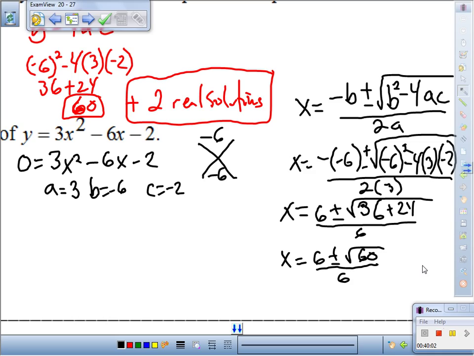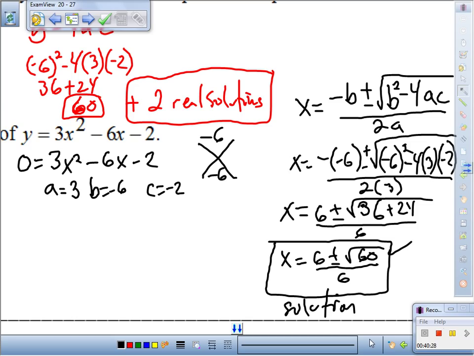Now check this out. Pay attention, please. At this point, I'm not going to ask you to simplify to decimal form. If you end up with a radical that does not have a perfect squared number, look at it. Can you find me the square root of 60? No. When you end up like that, this is your solution. Will that save you time? Yes, right?